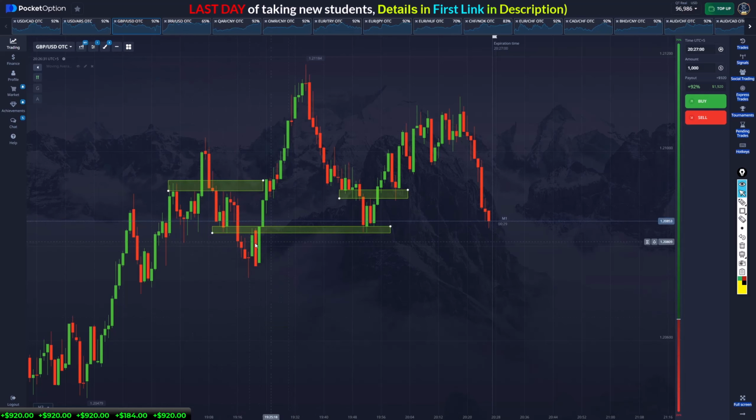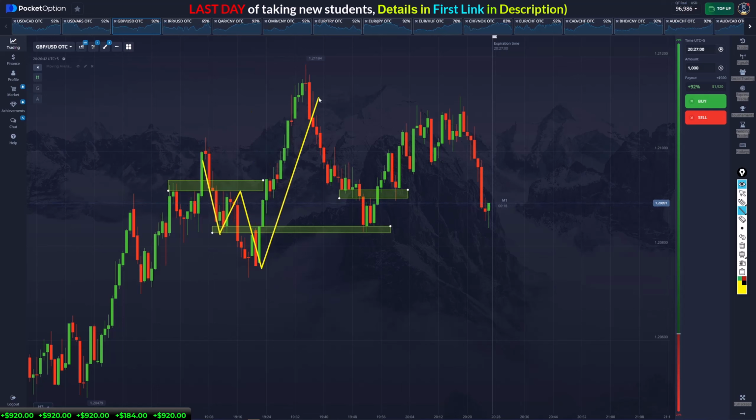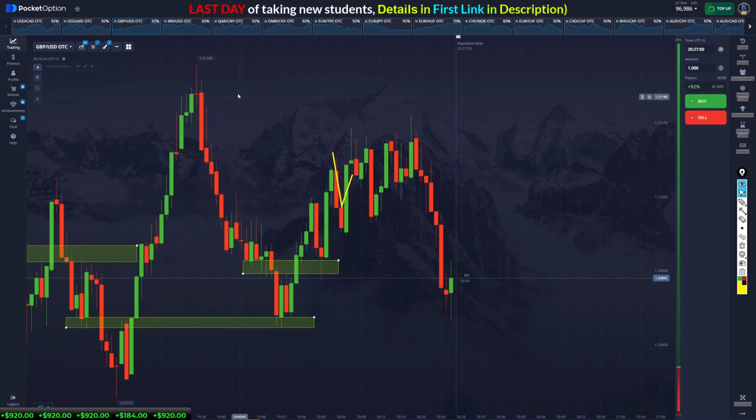How many QMs do you see here? Worked once. And then it created another buy QM itself. Worked here. The price was coming from this demand in line with this QM setup. Created another QM, which worked. How beautiful was that?